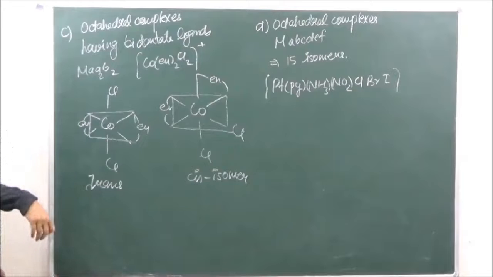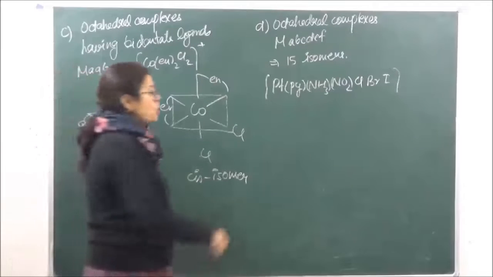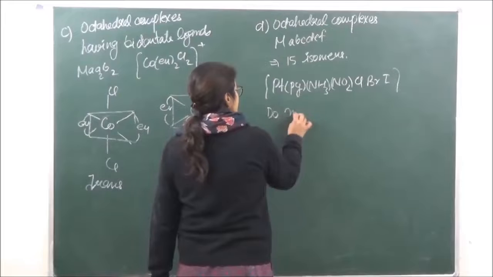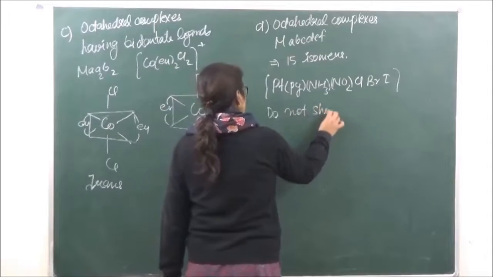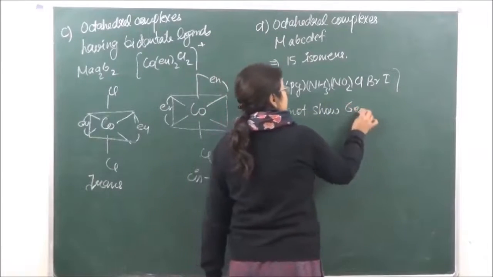Okay? Then what are those compounds which do not show geometrical isomerism?